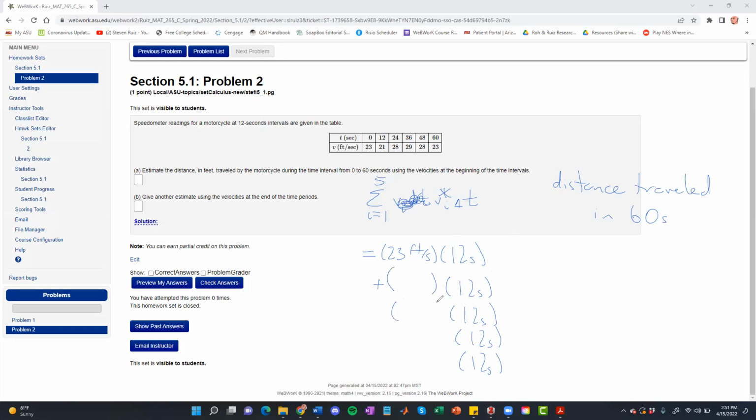What are the rest of these speeds going to be? 21 feet per second. 28. The next one's 28. And then after 28, 29 feet per second, and then 28. So that's the sum right there.